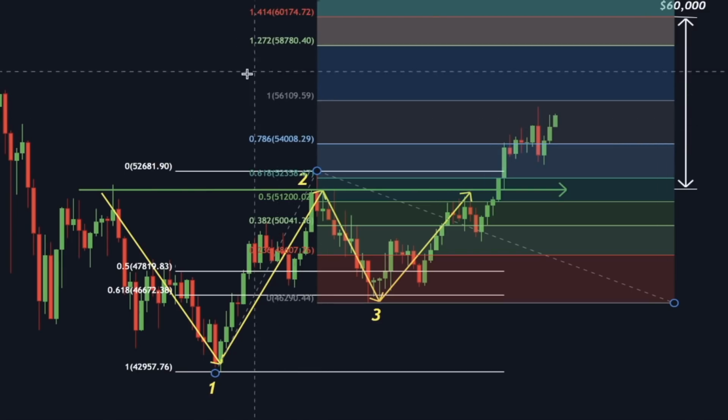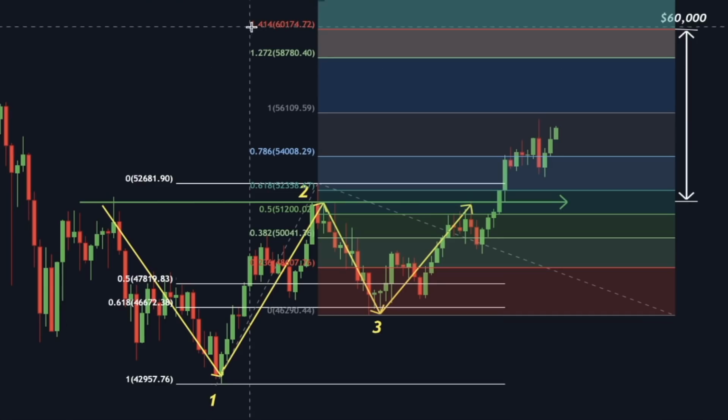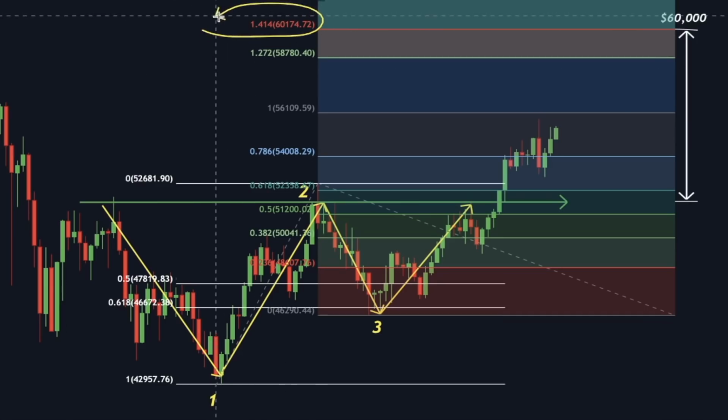And now the next price target is going to be the 100% Fibonacci extension level. So this is going to be around 56,000 price area. And for us, guys, we are focusing around this 1.414 Fibonacci extension level, and that is also exactly around 60,000 price level. So this here is what I see right now looking at the price action of Bitcoin.